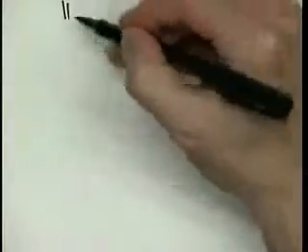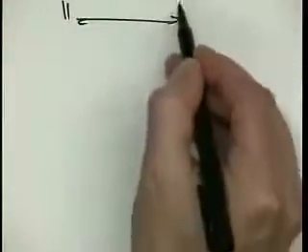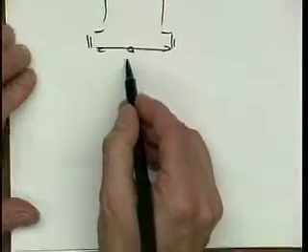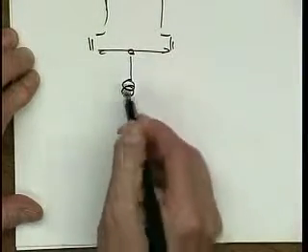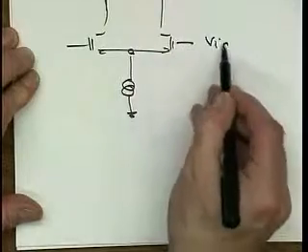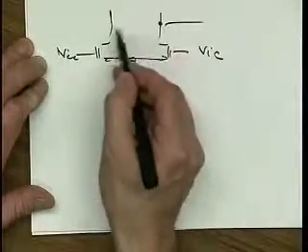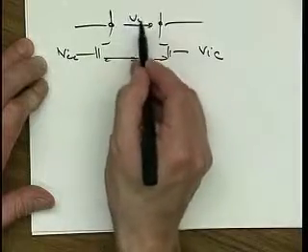So again, these are always tedious to analyze. We have our tail current source here, and I apply VIC here, and I want to figure out what VOD is.